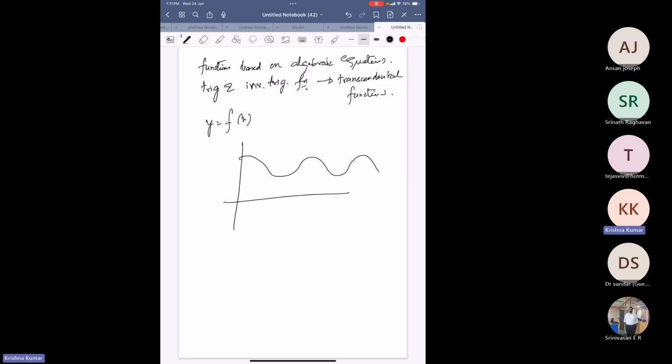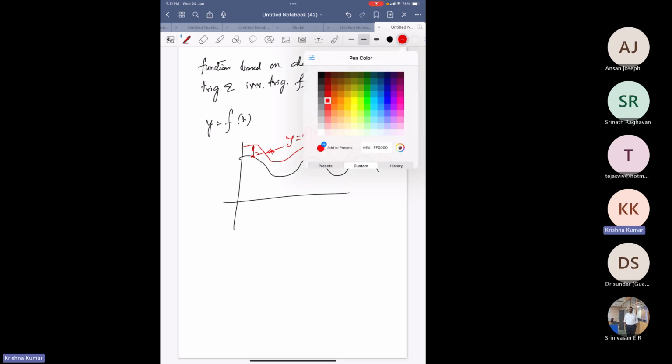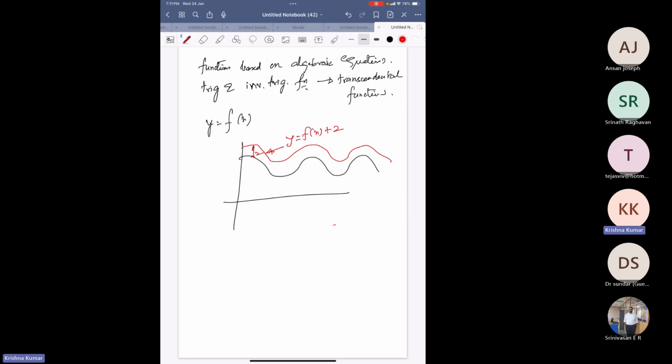I can now shift this graph upwards by, say, 2. Then the new function, since I've shifted it, is f(x) plus 2. It can be plus c: 2, 3, 4, and so on.